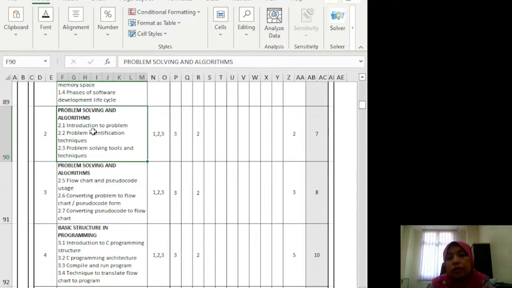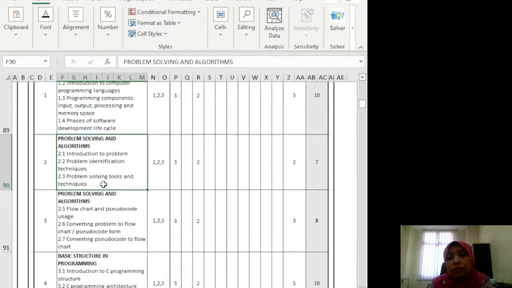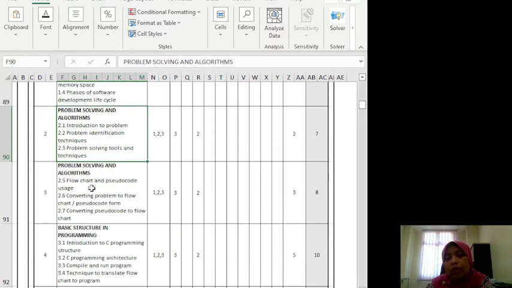So untuk chapter 2 ni takkan habis. We plan to separate it into 2 weeks, so half in week 2, half in week 3. Week 3 is about the flowchart and pseudocode, and how to convert from flowchart to pseudocode, and from pseudocode to flowchart, vice versa.